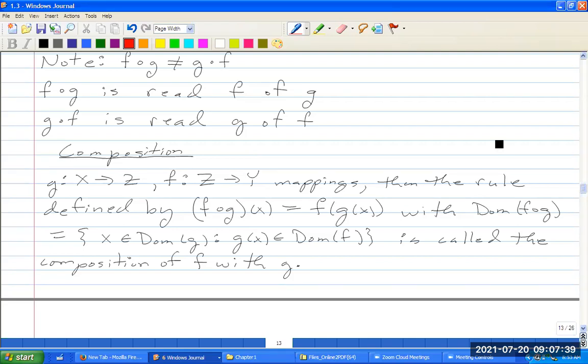Then the rule defined by F composed with G at X, which is equal to F evaluated at G of X, with the domain of F composed with G equaling the set of all X's such that X in the domain of G is such that G of X is in the domain of F. This is called the composition of F with G.